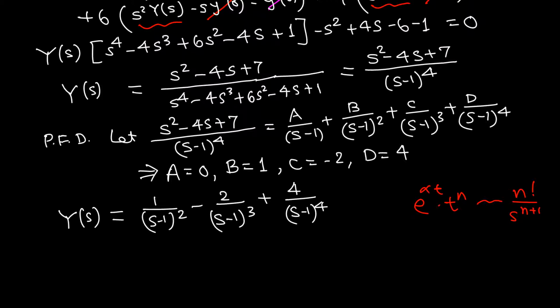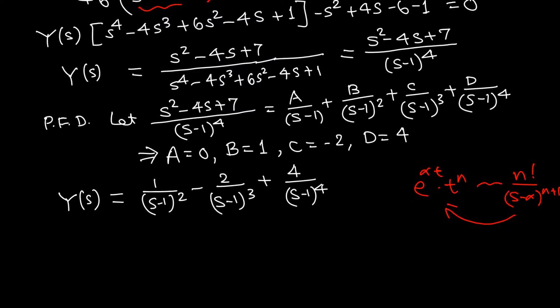The exponential factor shifts this, so instead of s raised to n plus 1, this becomes s minus alpha raised to n plus 1. Now we are going back, so we have this situation. This s minus 1 is because of the factor e to the 1t, and these are something like n factorial over s to the n plus 1. So let's fix that.